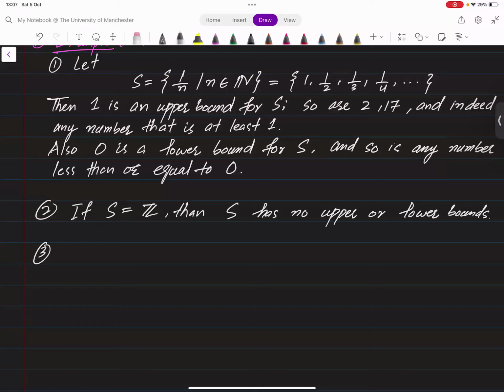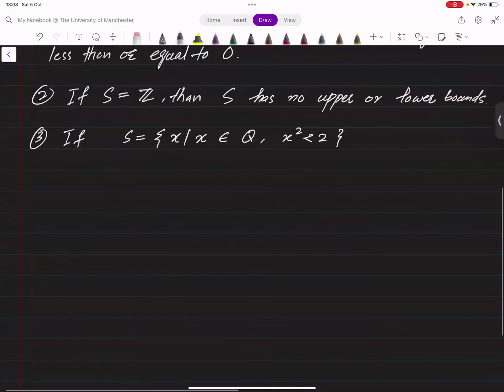Three, if the set S has elements x such that x is a rational number such that the square of x is less than 2. Okay.